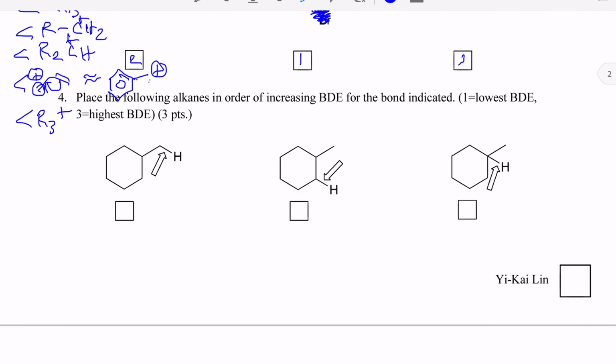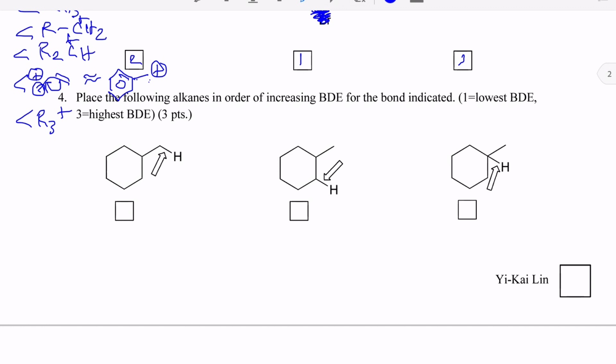For question number 4, we're given a set of alkanes and asked to rank them in order of increasing bond dissociation energy for a specified bond.